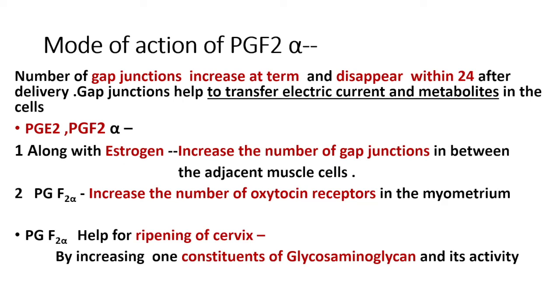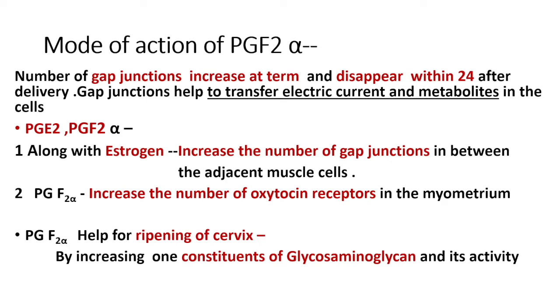As such, the number of gap junctions increase at term and disappear within 24 hours after delivery in the uterus. The gap junctions help to transfer the electric current and the metabolites in the cells. Prostaglandin E2 and F2 alpha, both along with the estrogen, increase the number of gap junctions in between the adjacent muscle cells of the myometrium.